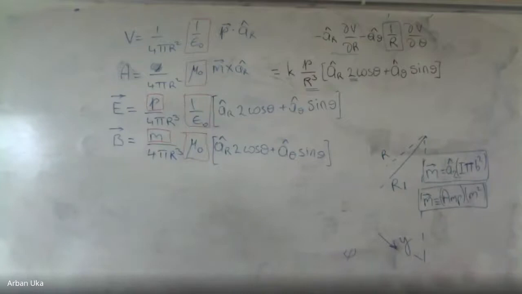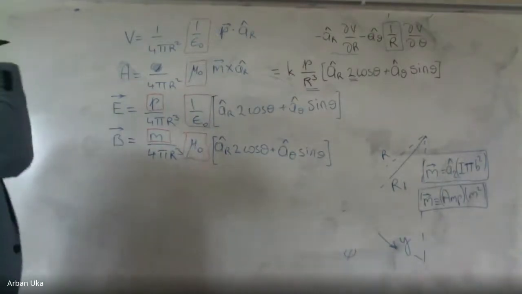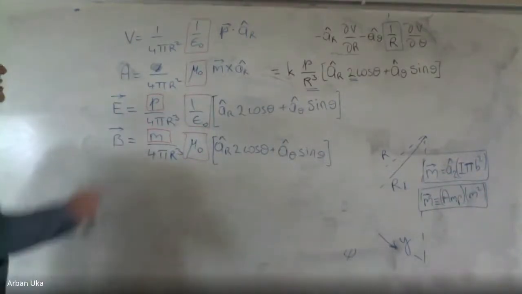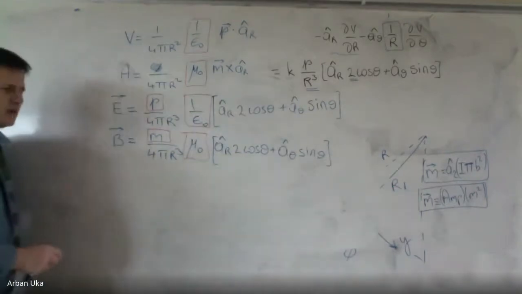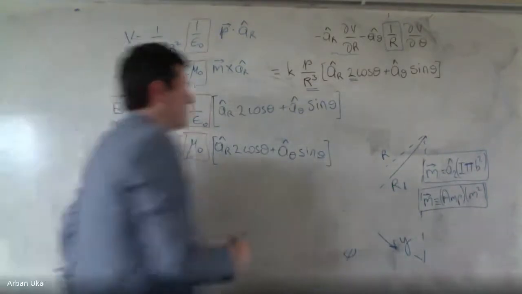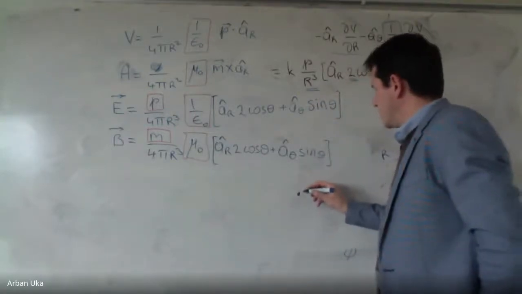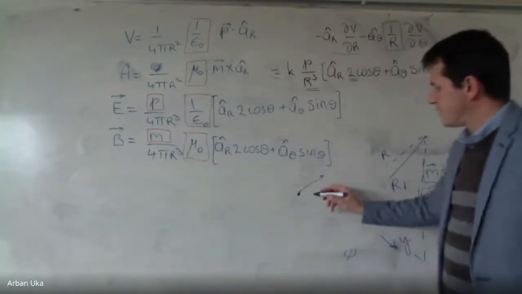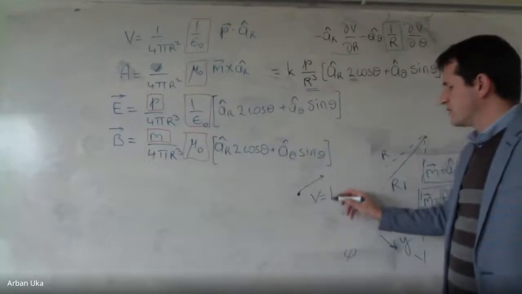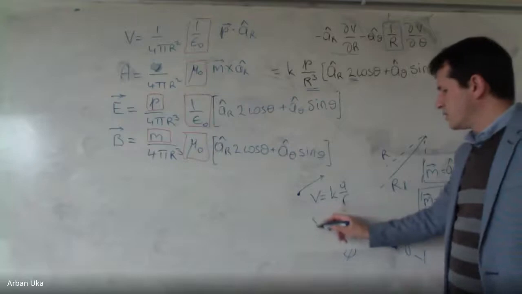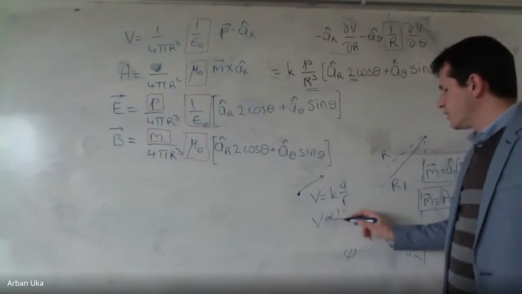Another very important thing that we observe is that the potential from a dipole, as a function of distance, changes as 1 over r squared. If you have just a point charge and we have to find the potential far away, we know the potential is kq over r, so proportional to 1 over r.